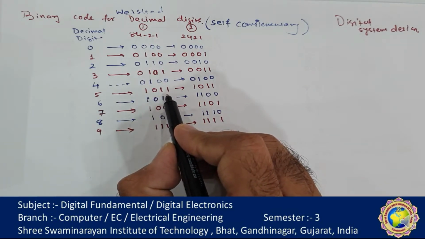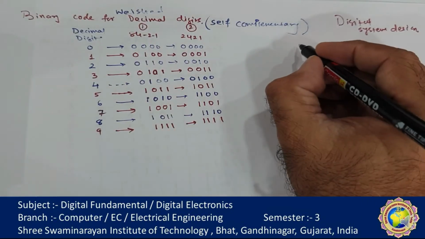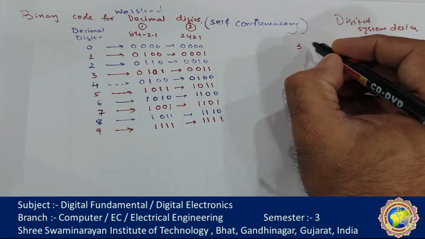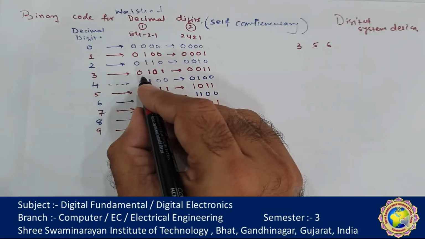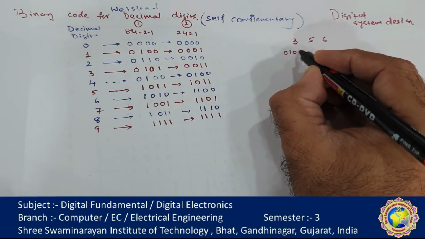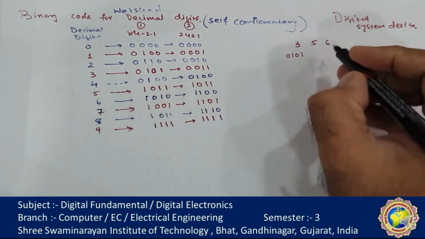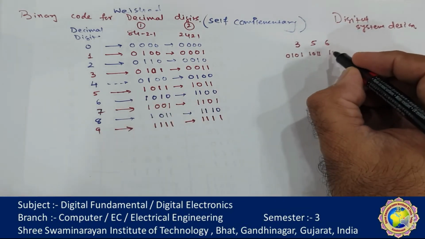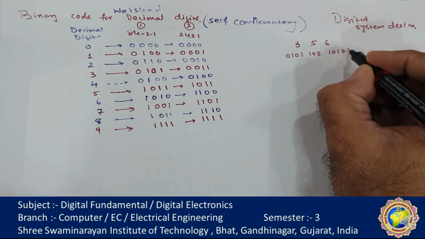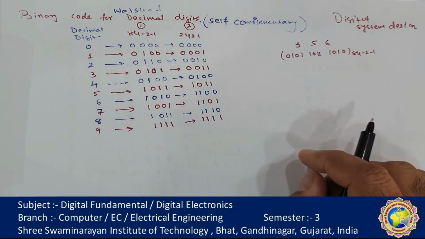As we discussed previously, suppose I have a number 3 5 6. So 3 is equal to 0 1 0 1, 5 is equal to 8 minus 2 minus 1, so 1 0 1 1, and 6 is equal to 1 0 1 0. 8 minus 2 is 6, this is 8 4 minus 2 minus 1.